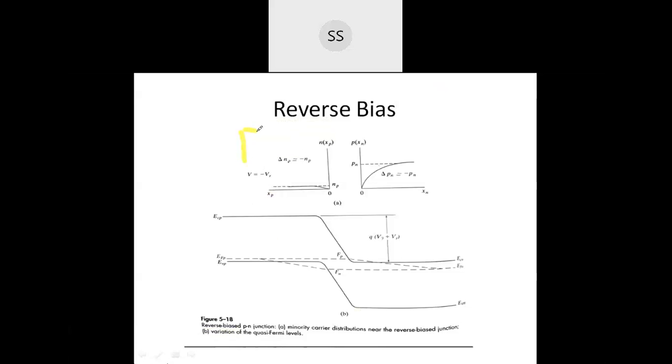So this is the P region and this is the N region.